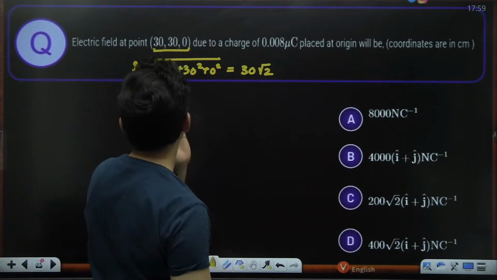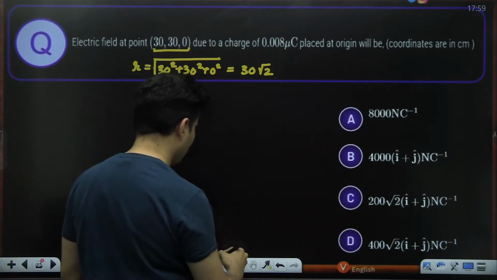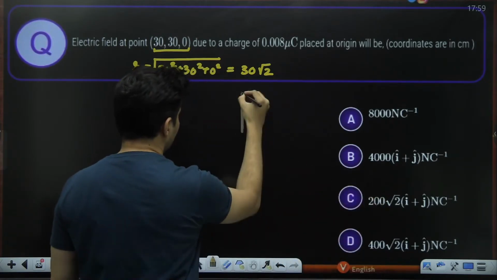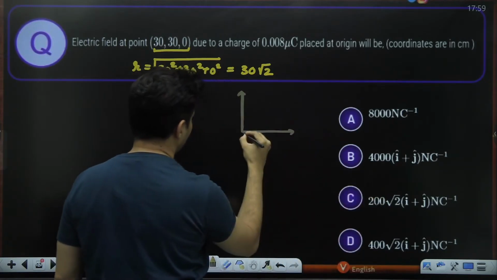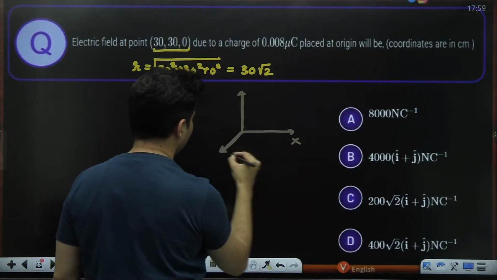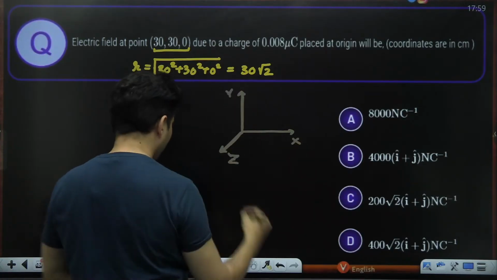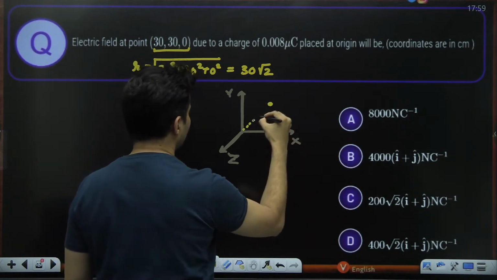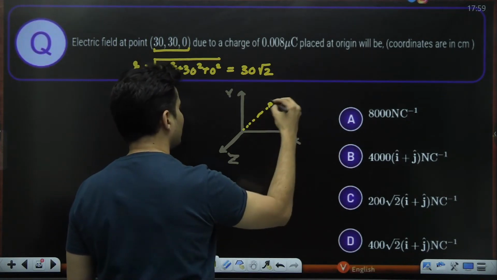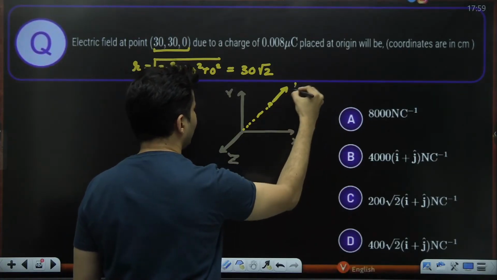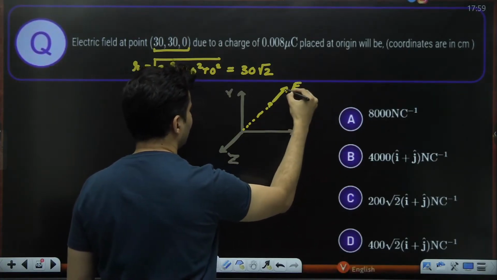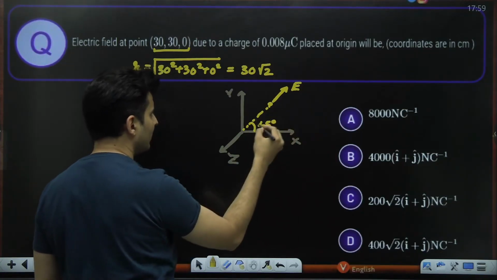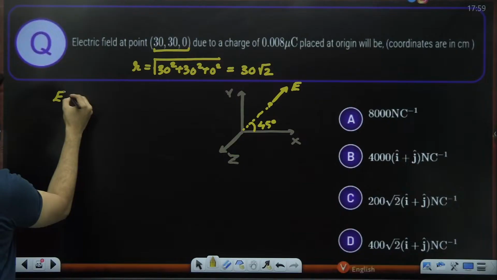Think about it, guys: if this is your y-axis, this is your x-axis, this is your z-axis, then (30, 30, 0) will be somewhere over here. This distance is 30 root 2, so that will give an electric field in this direction. This will be at 45 degrees because both the coordinates are equal. How much will that field be equal to?